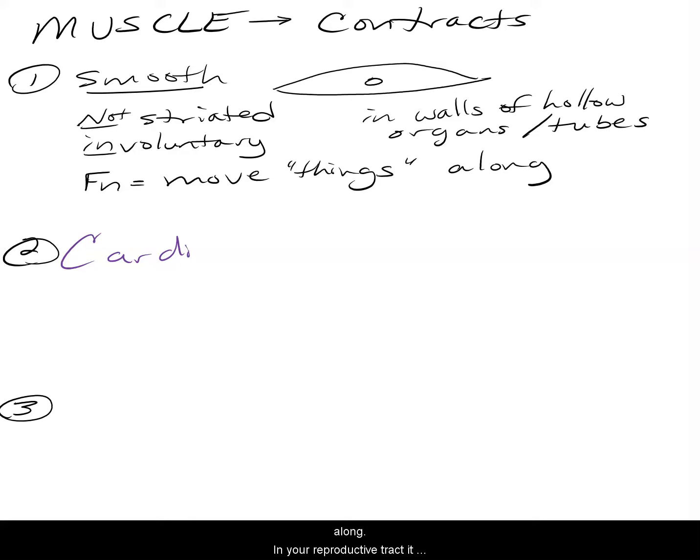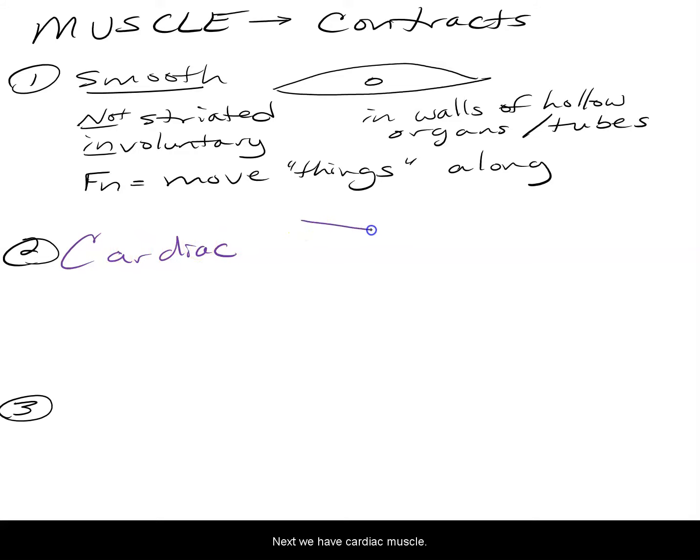In your reproductive tract, it moves the baby out during childbirth. But in the case of the circulatory system, it doesn't push the blood forward. In actuality, it helps to restrict blood flow to particular areas, therefore directing blood flow into the areas you want.